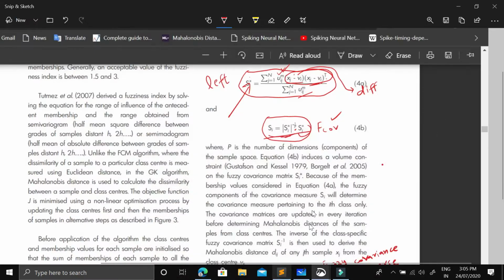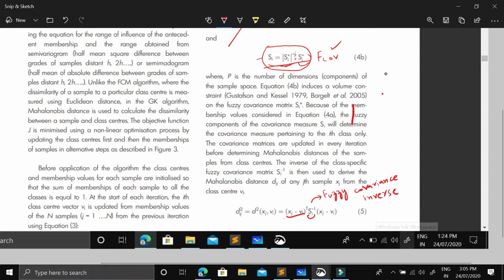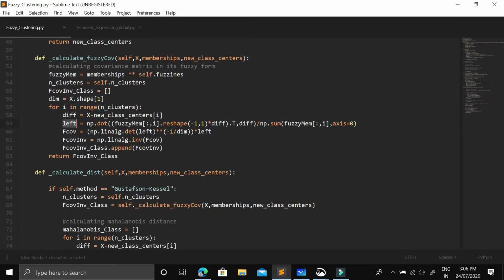Once we calculate this part, we take the inverse of this SI that we just calculated. So if we look at it, this is what we are doing. We are taking the inverse of whatever I have calculated after taking the determinant and multiplying it with the dimension and S star part.